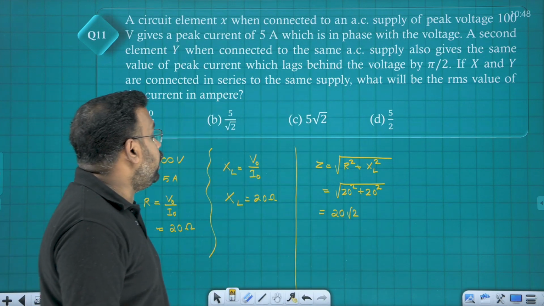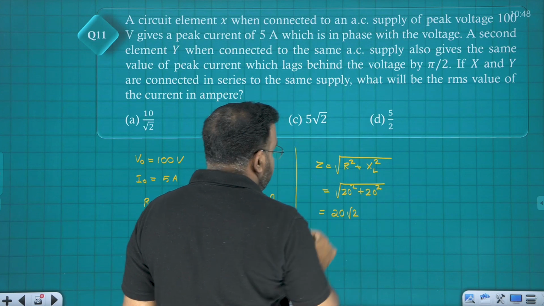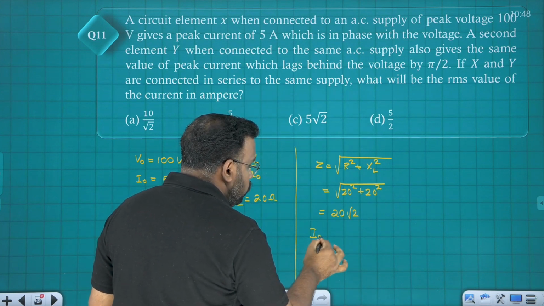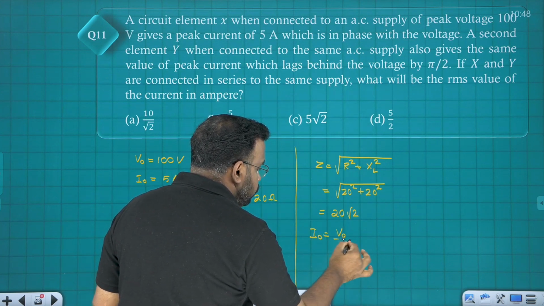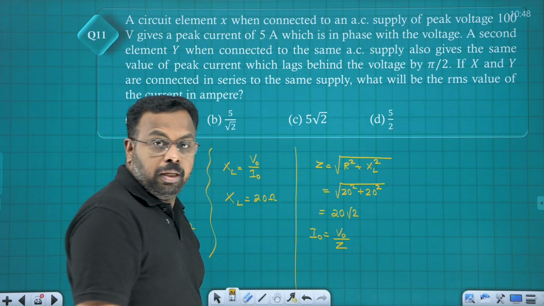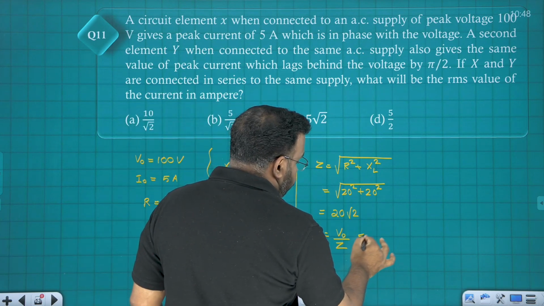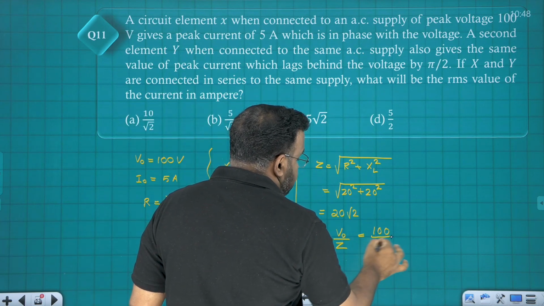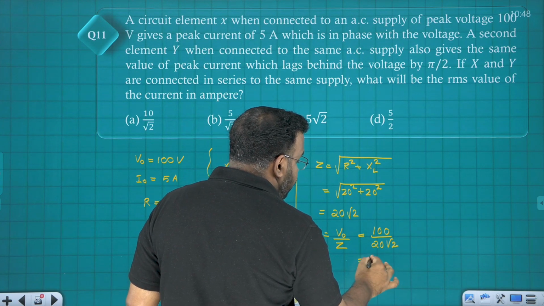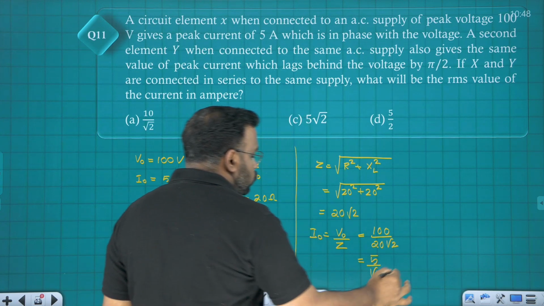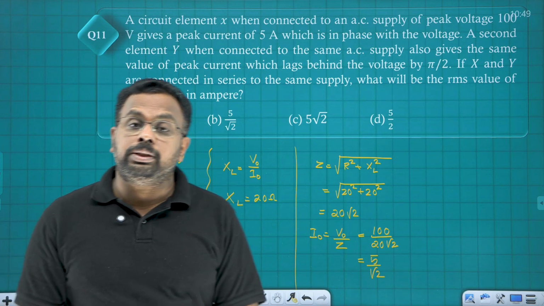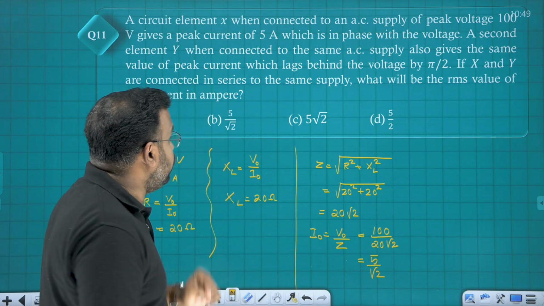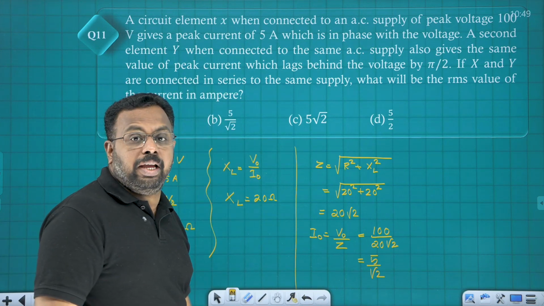What they are asking is IRMS. So let us find I naught first. I naught is equal to V naught by Z. V naught is 100 volt, Z is 20 root 2. So we get 5 by root 2 as I naught, but are they asking I naught? No. What will be the RMS value of current?